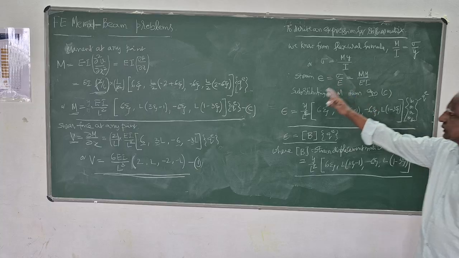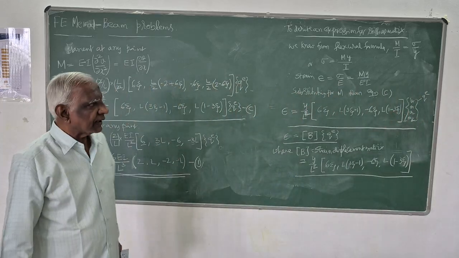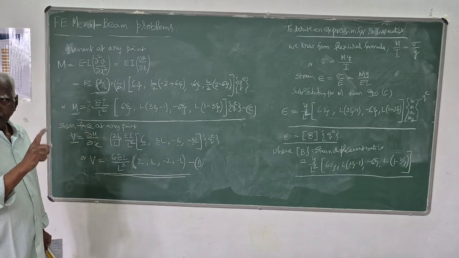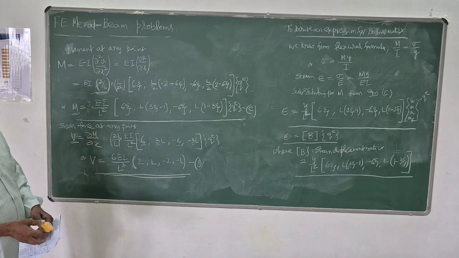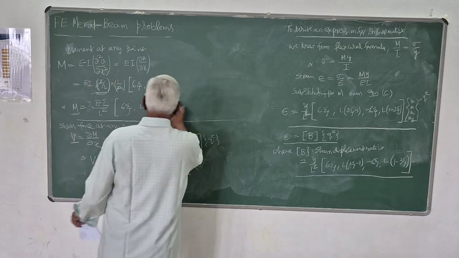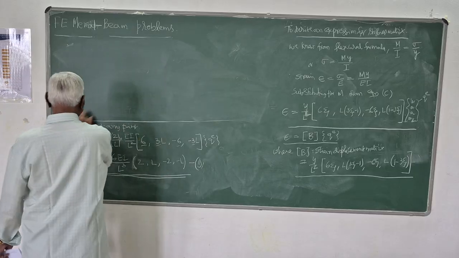Then we can use the general formula for the stiffness matrix of a one-dimensional element, which I told, that is the volume integral of B transpose D B dV. Using that expression, you can get the stiffness matrix of the beam element.